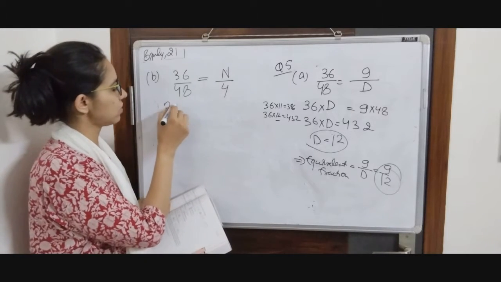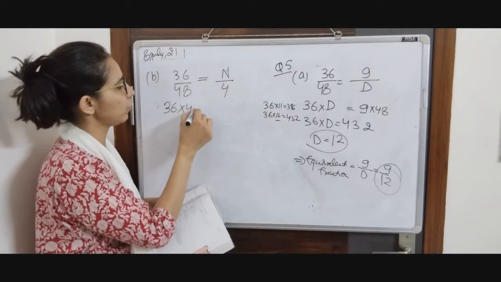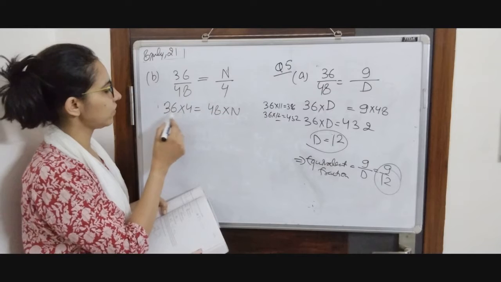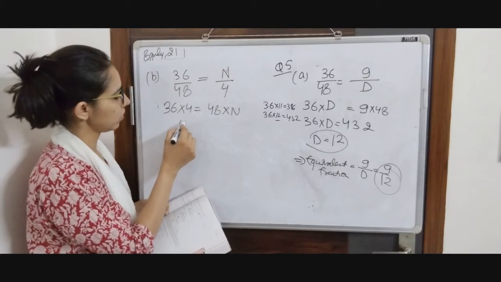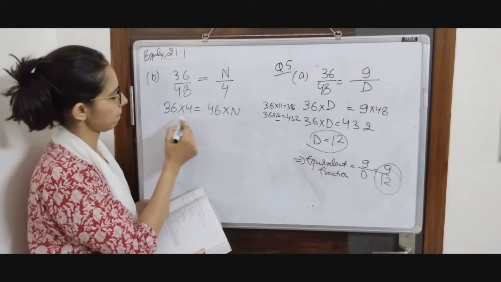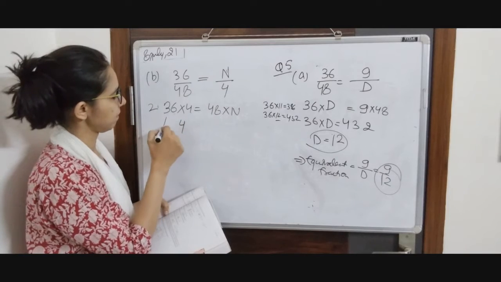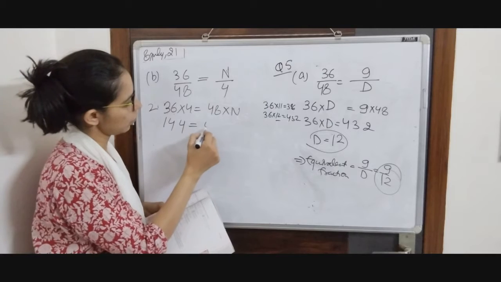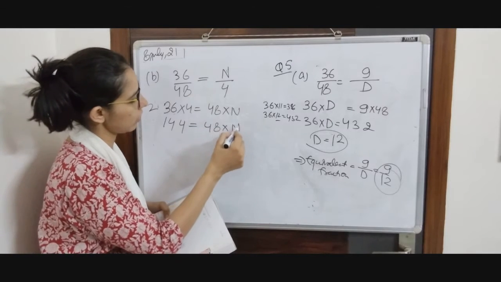So same method, we will cross multiply: 36 into 4, 48 into n. Okay, implies 36 into 4 is going to be 144 is equal to 48 into n.